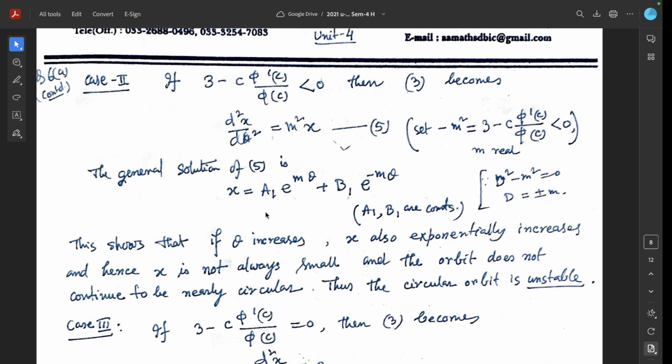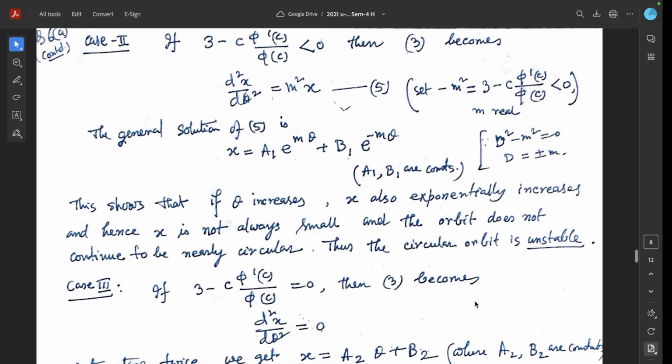And the general solution of this is a1 e to the power m theta plus b1 e to the power minus m theta, a1, b1 are arbitrary constants. This shows that if theta increases, x also exponentially increases. Hence, x is not always small and the orbit does not continue to be nearly circular. Thus, the circular orbit is unstable in this case.